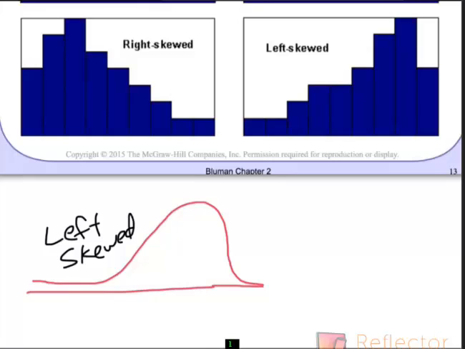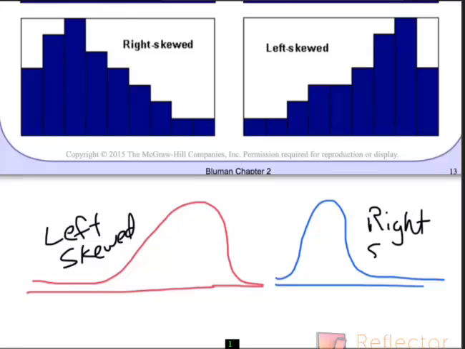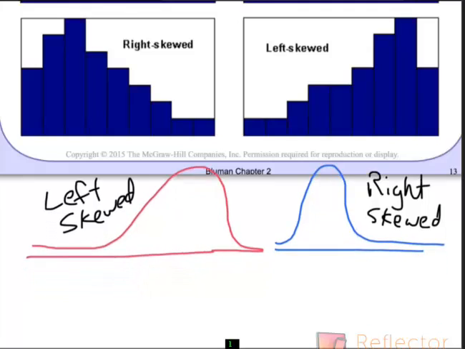But if I draw a picture that looks like this, notice my tail is on the right hand side, so this one is going to be right skewed. So it's the direction that your tail is lying on that's going to be the direction of the skewness.